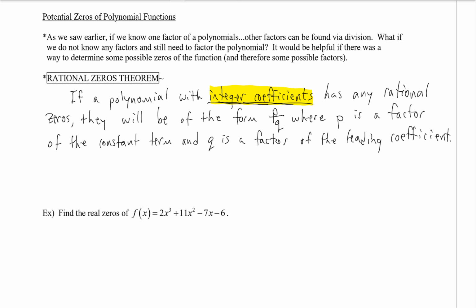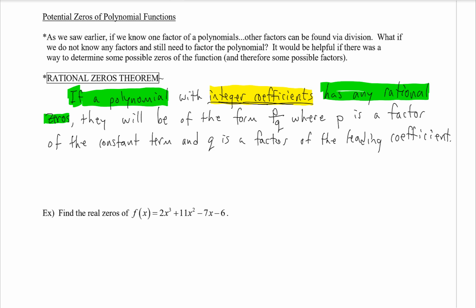The other verbiage that we don't want to just read right over is if a polynomial has any rational zeros. If it does, because there's no guarantee. Some polynomials have all zeros that are not even real numbers. Some polynomials have zeros that are all irrational.